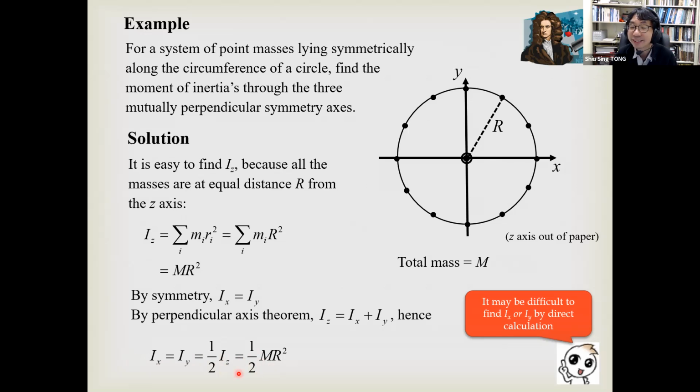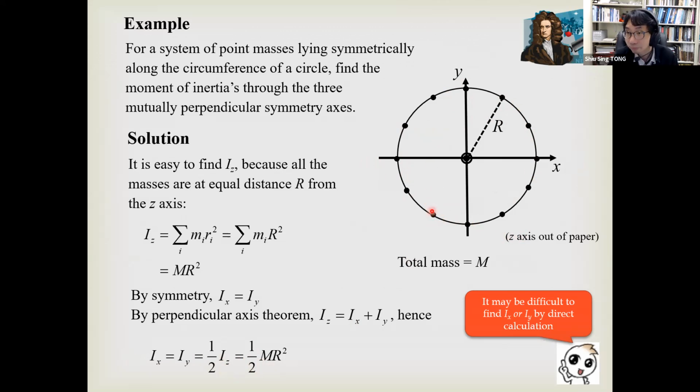Can you see that? Now, although I don't know how the masses are actually distributed, I don't even know how many of them there are. If you want to calculate the moment of inertia about the x-axis, that would be a nightmare, because you don't know this distance. The distance is very complicated.